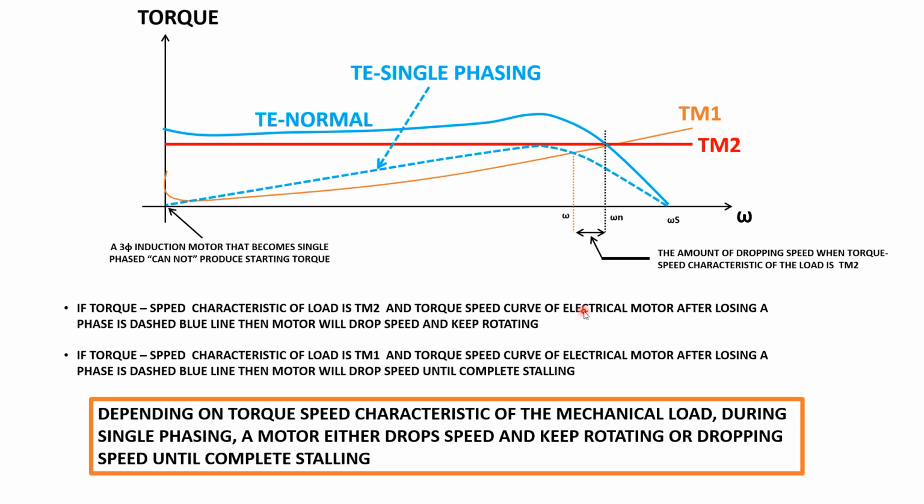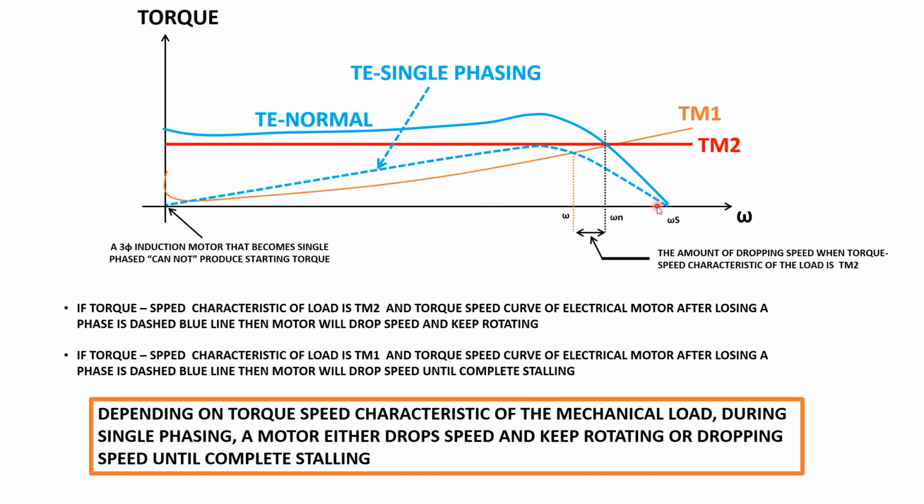So that's a question here. We cannot definitely say that when a single phase happens in a three-phase motor, it always keeps rotating with some sort of overload. It could be stalled and completely stop. It depends on this.